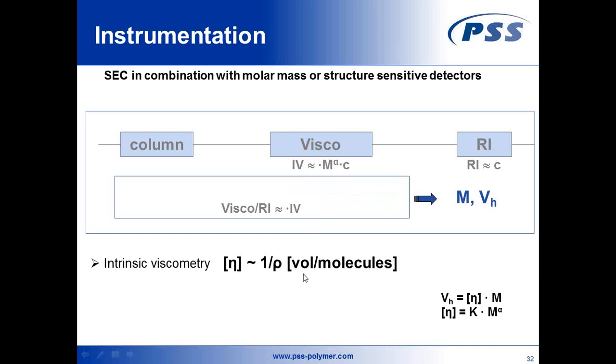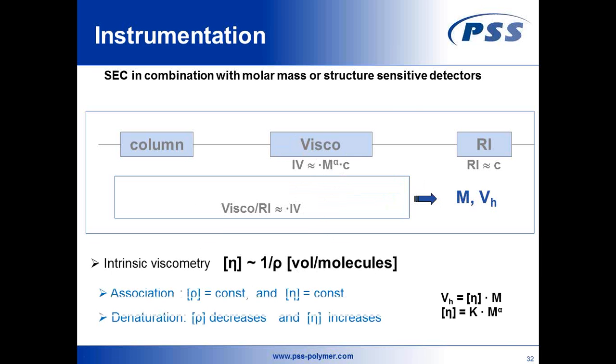This can be very important for aggregation determination, and that's what I'm going to show you at the end. Having in mind that for associations of proteins, meaning dimers, trimers, and higher aggregates, the density of the sample would stay constant, this is what we can use to differentiate an association from a denatured sample.